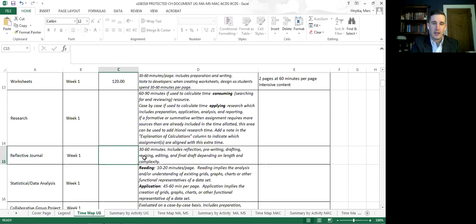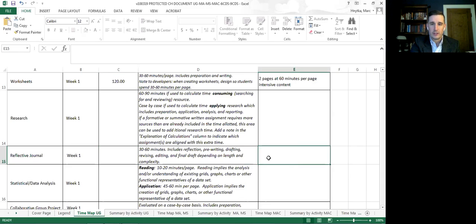You're not looking at learning objectives that are being covered. It's more of a reflective activity. So this is 30 to 60 minutes per reflective journal, depending on length and complexity.